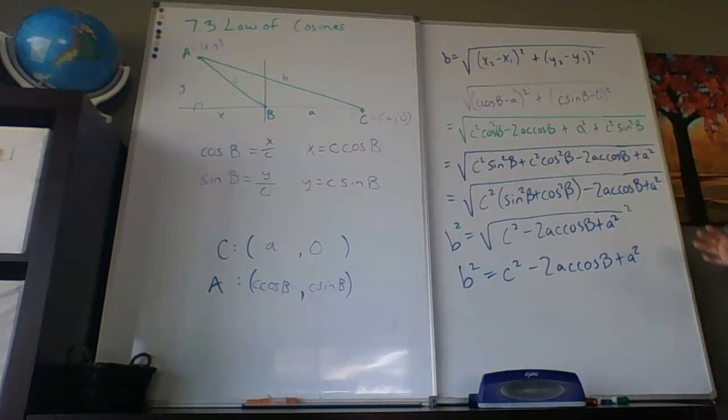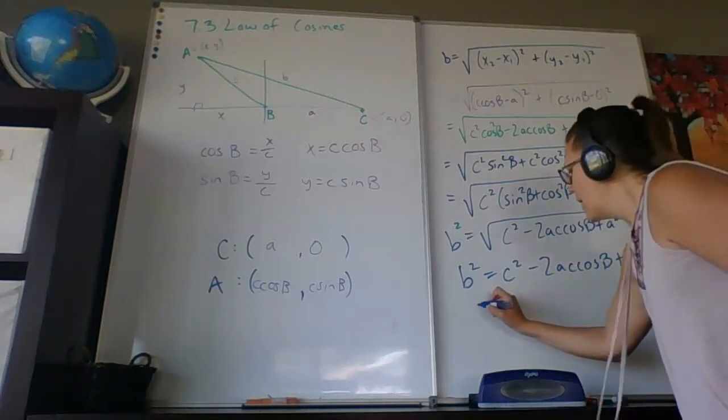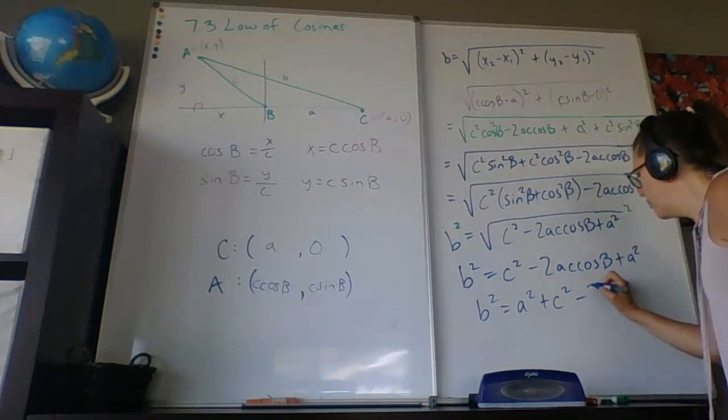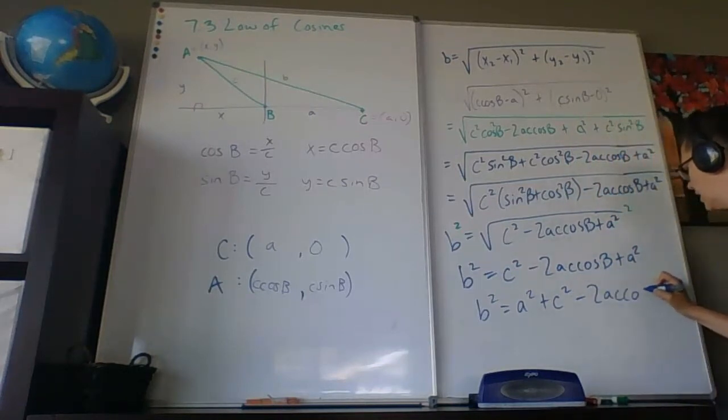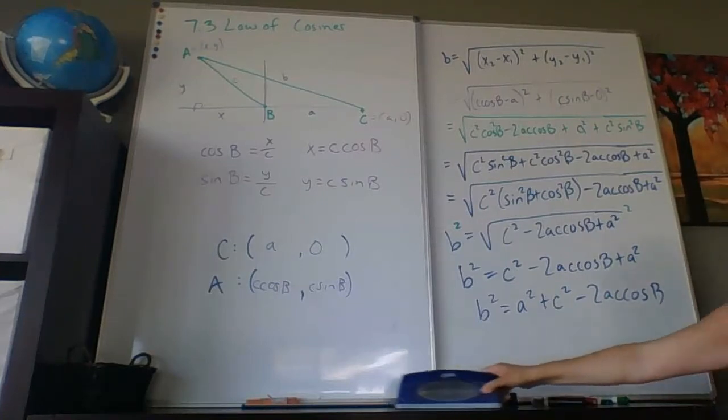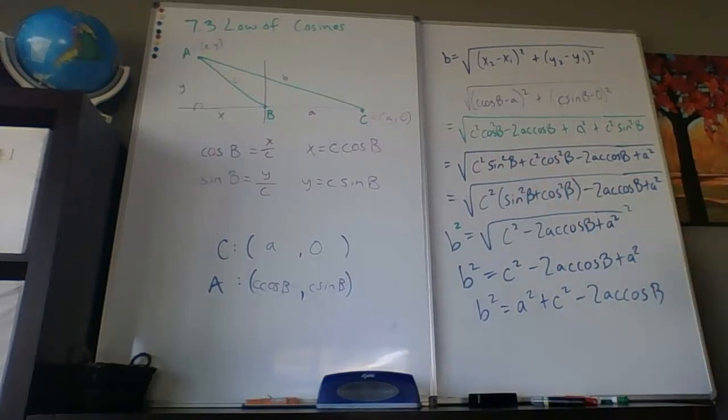However, the way we will order it is B squared equals A squared plus C squared minus 2AC cosine of B. So the A squared and the C squared are together in the front. So this is one version of the law of cosines, but notice that we put angle B at the origin, but we could have put any of the angles at the origin.